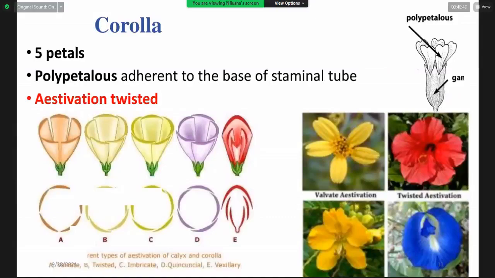Here in diagram B1, you can see that the petals have a twisted structure, not separate. The petals form like a twist, so they are called twisted estivation. Is it okay to all? Yes, ma'am. Okay.